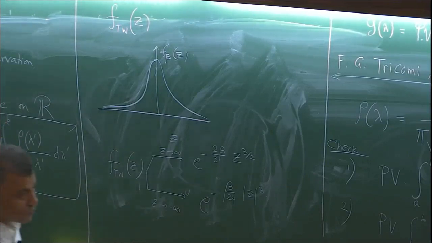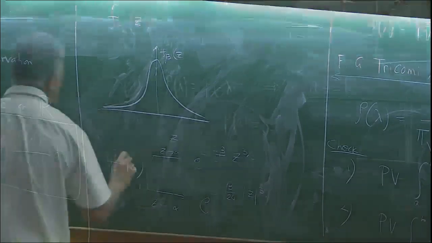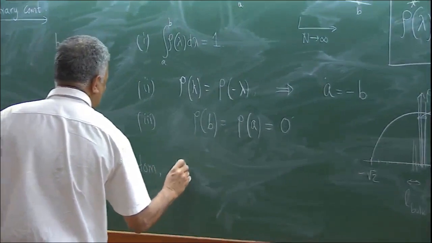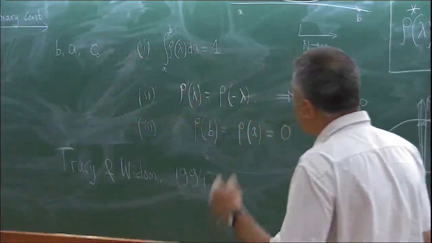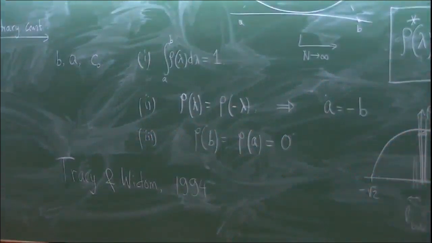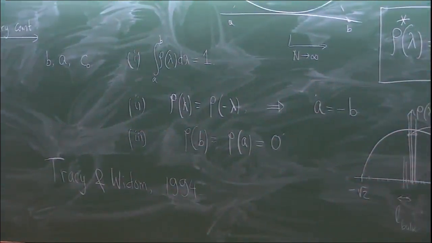Just to finish it off, this Tracy-Widom distribution was originally computed by two mathematicians, Craig Tracy and Harold Widom, in 1994, and for a while nobody somehow paid much attention to this. It's just one calculation, how does it matter?